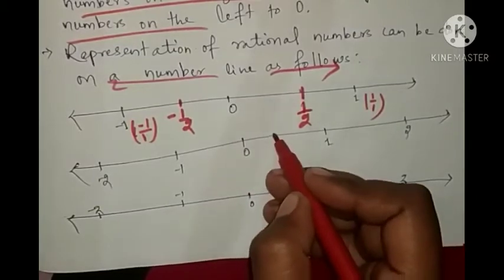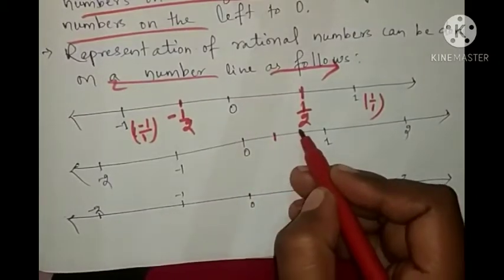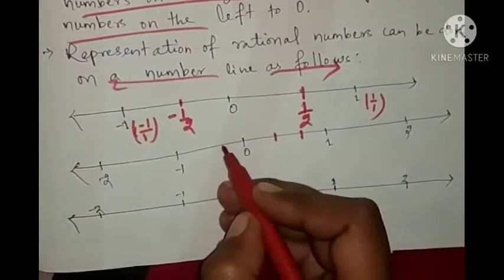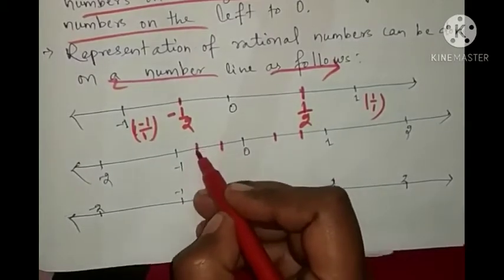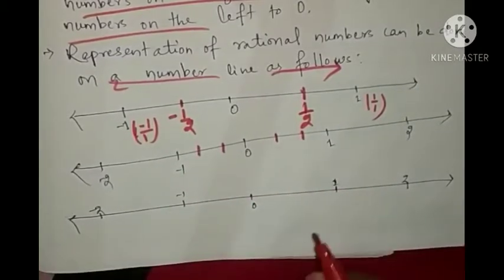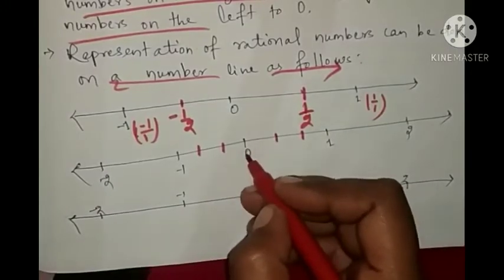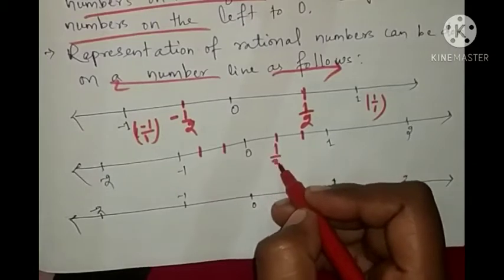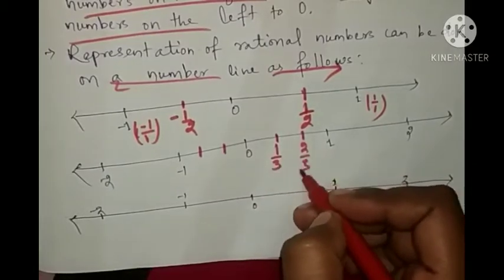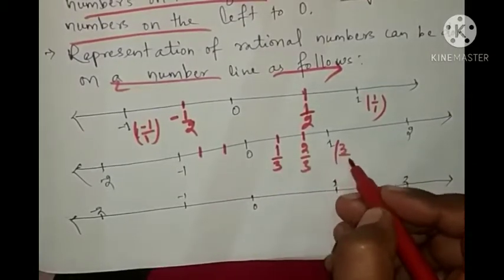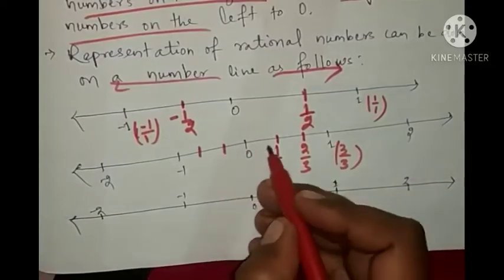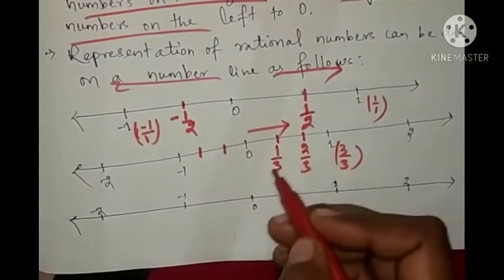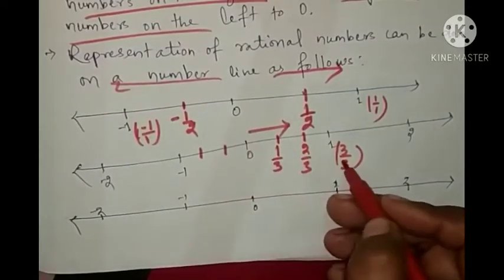If I divide this one into 3 parts, so 3 parts means 0, 1 by 3, 2 by 3, and this one is 3 by 3. This is to the right of the 0. This is why these are positive rational numbers.